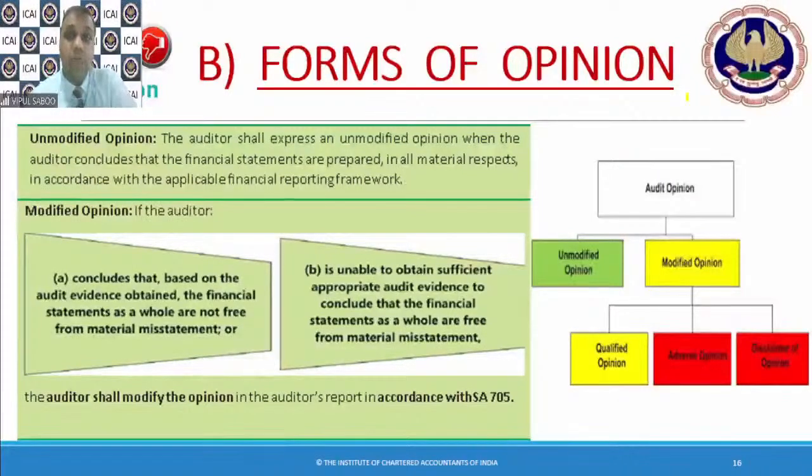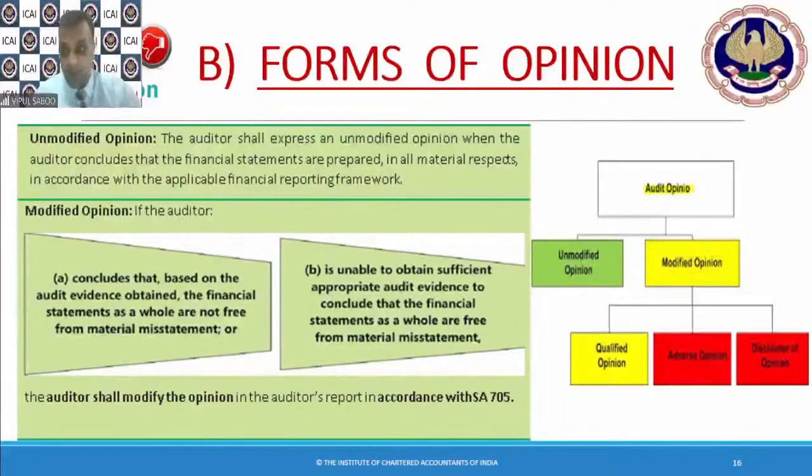Now coming to the forms of opinion. What are the various forms or kinds of opinion the auditor can express in written form in the audit report? On the right side of the screen, you can see audit opinion.